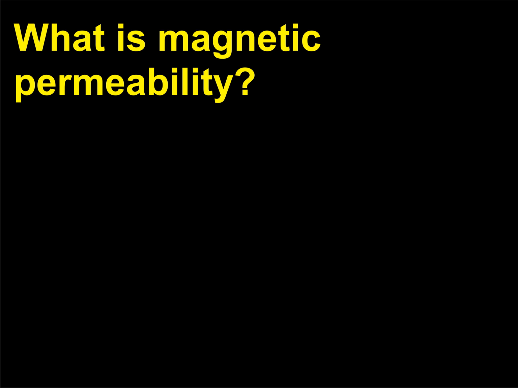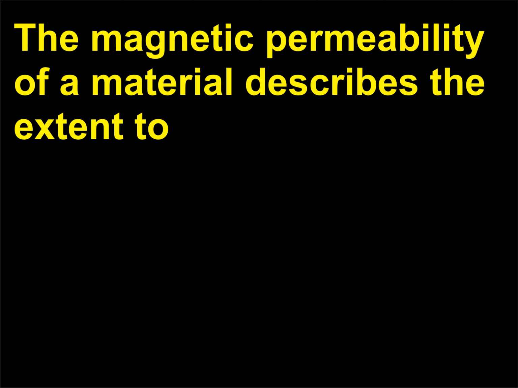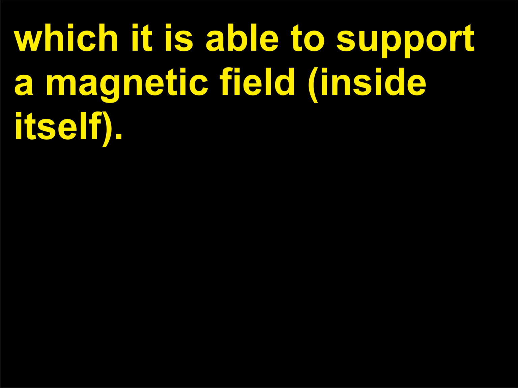What is magnetic permeability? The magnetic permeability of a material describes the extent to which it is able to support a magnetic field inside itself.